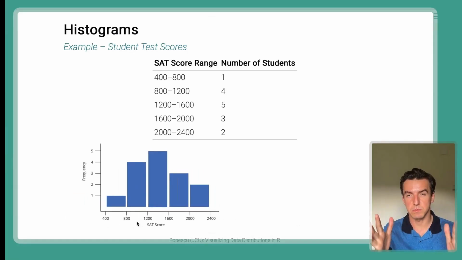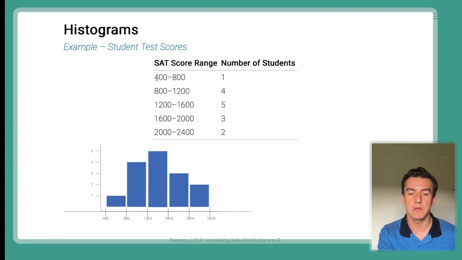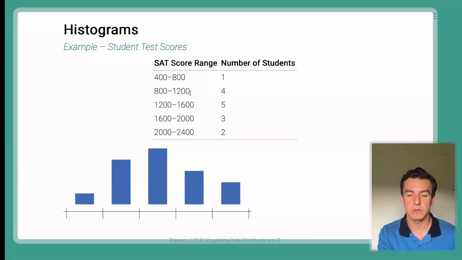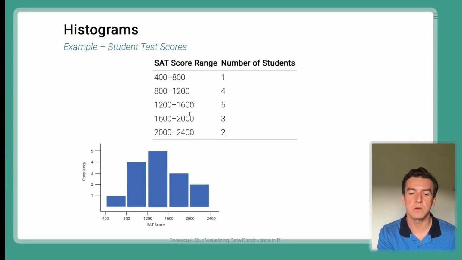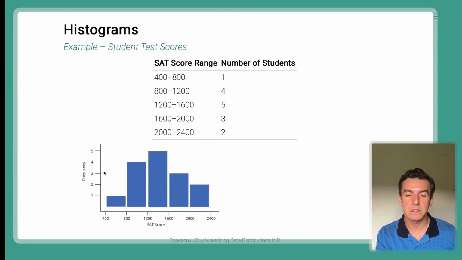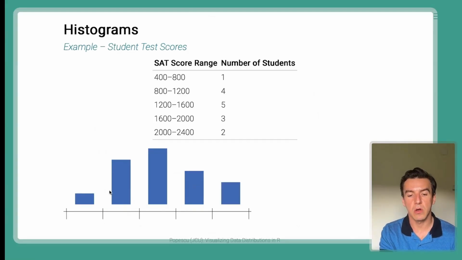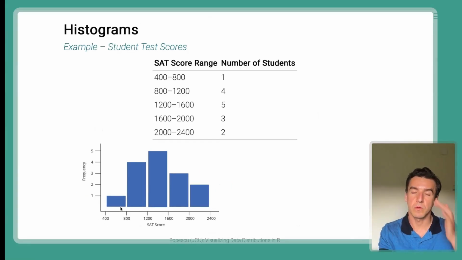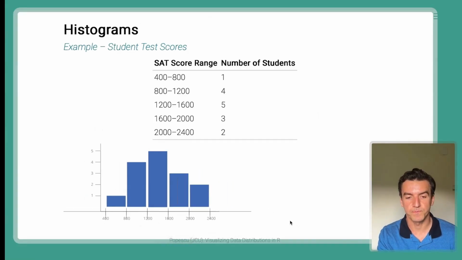Remember, a bin is a specific interval. So in this case it is 400 to 800, 800 to 1200, 1200 to 1600, 1600 to 2000, and 2000 to 2400. And then on the y-axis, we have frequency, meaning how many people got scores that fall within those intervals.